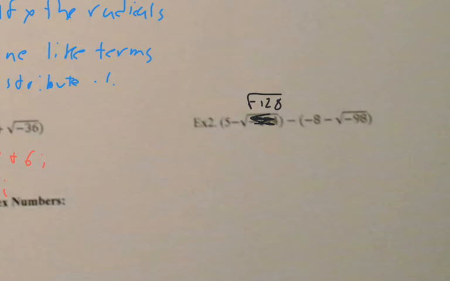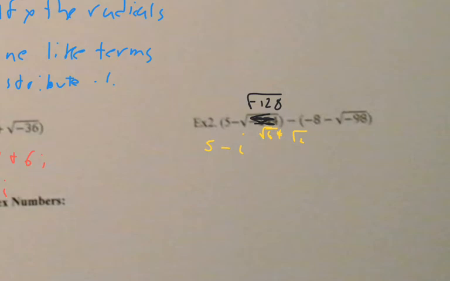Alright, here we have 5 minus square root of -128 minus the quantity negative 8 minus square root of -98. So we'll start with the first one. We have 5 minus, remember, factor out the i under the negative, and the square root of 128 simplifies to rad 64 rad 2.